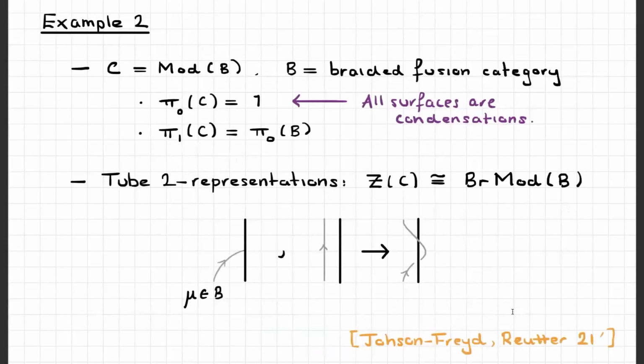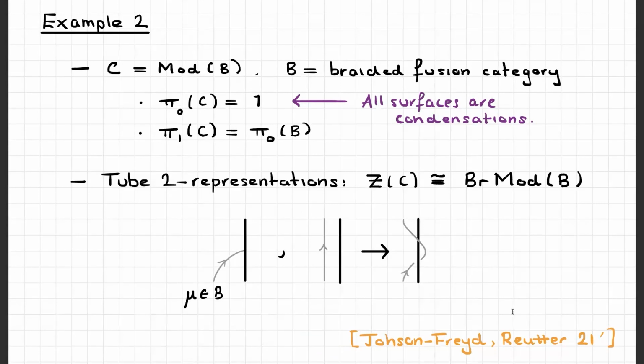Okay, so let me give you one more example. Again, looking at this case where your fusion 2 category is just built out of a braided fusion category B. So there are only really lines, all the surfaces are condensations.